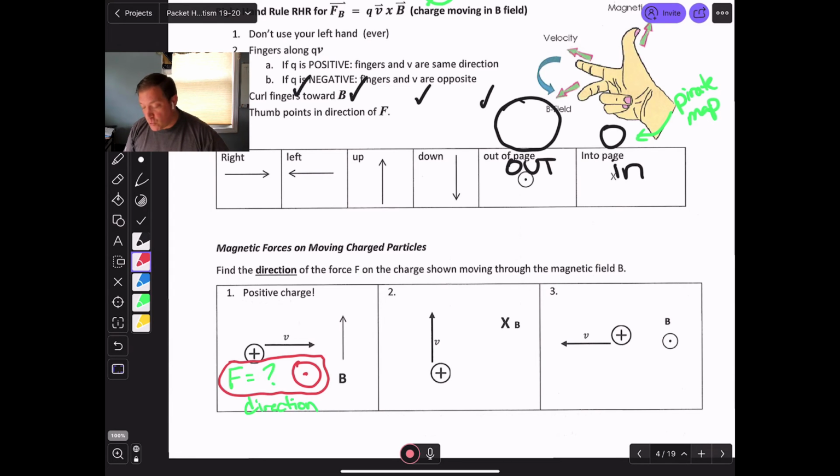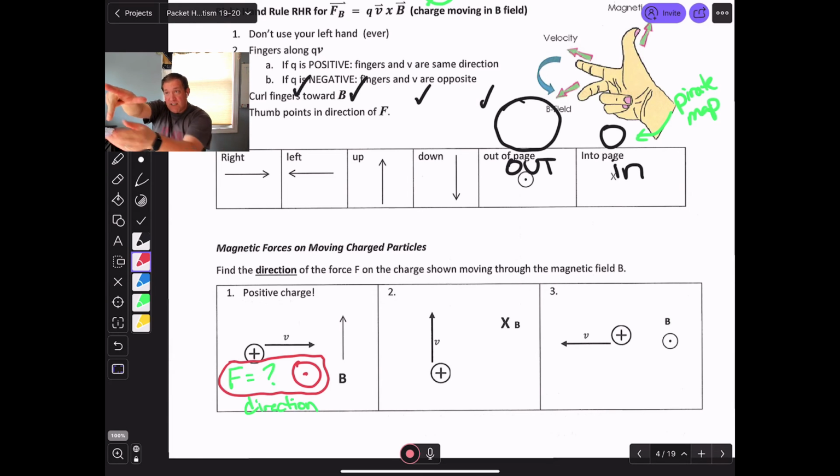Okay, number 2. Do you see how the pointer, the positive charge, that's the velocity director, is already going up? So I'm going to keep my finger pointed that way. But then I notice that my magnet is going into the page. So I have to twist my wrist so that my magnet finger is pointing downward.